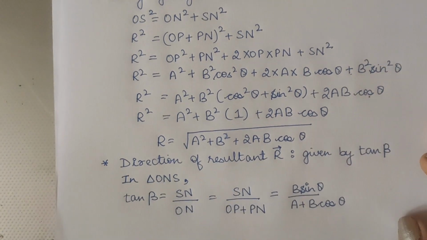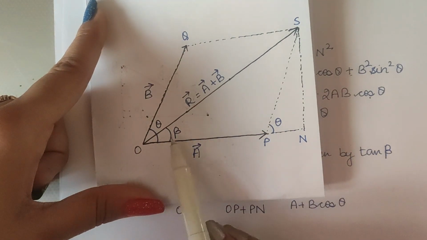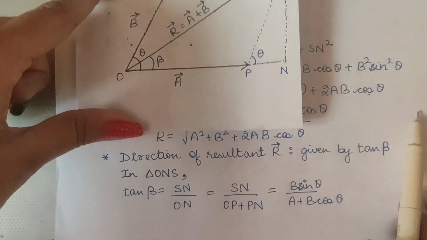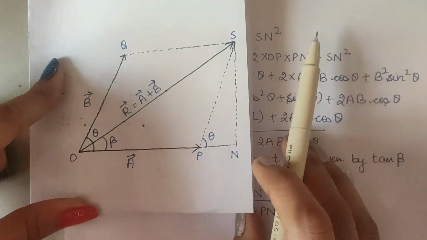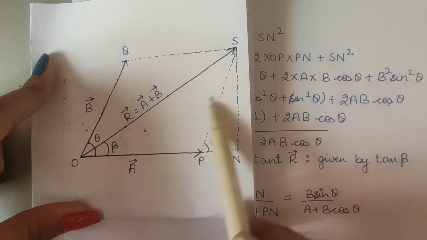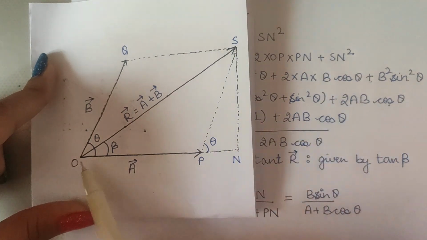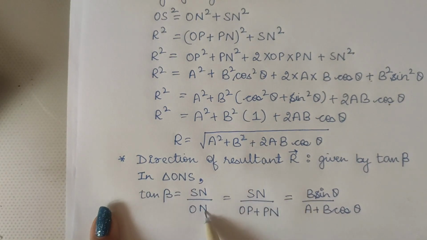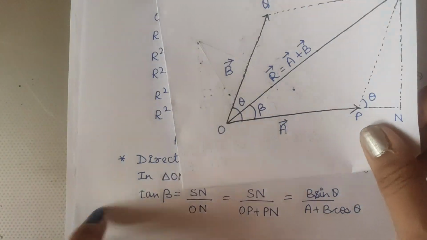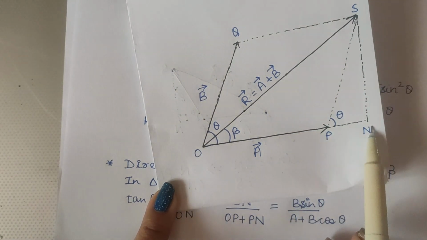So again, for direction, here the direction is given by tan beta. Look at the figure, tan beta is equal to perpendicular upon base. So perpendicular is SN and base is ON. So I am writing tan beta is equal to SN upon ON. Also, ON is equal to OP plus PN.